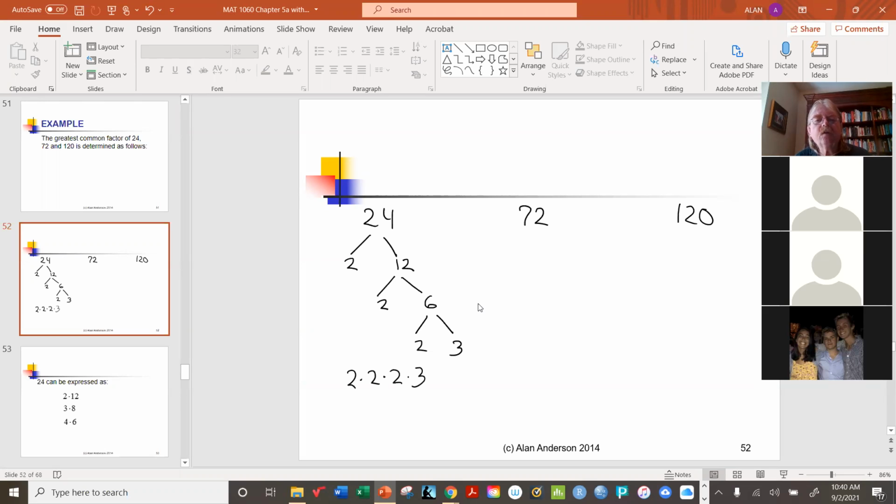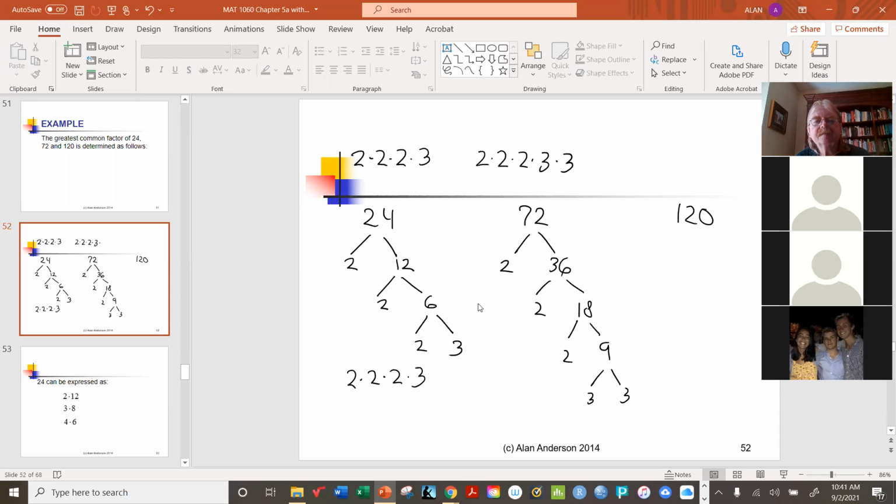All right, so for 24, we have 2, 2, 2, and 3. For 72, let's see, 2 and 18, 2 and 9, 3 and 3. Actually, there's plenty of room up here. Let me write the prime factorization up here. And here we have 2, 2, 2, 3, and 3.